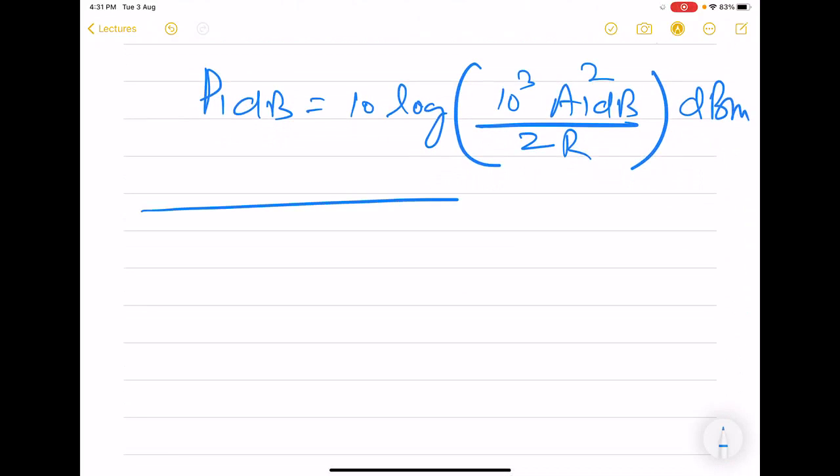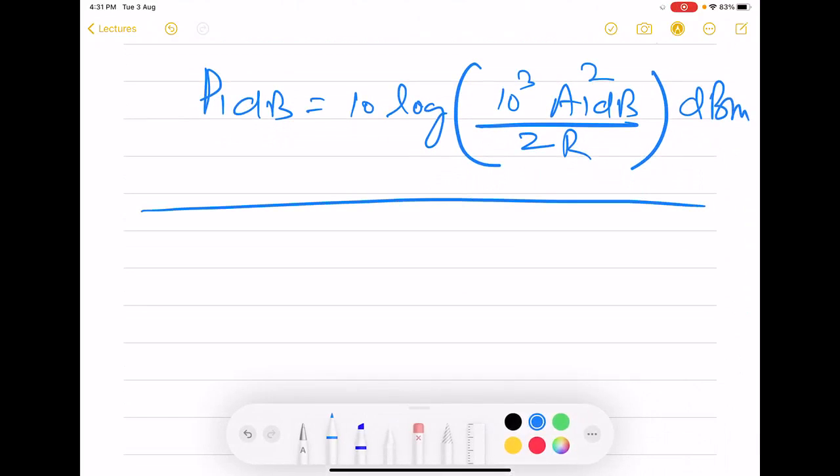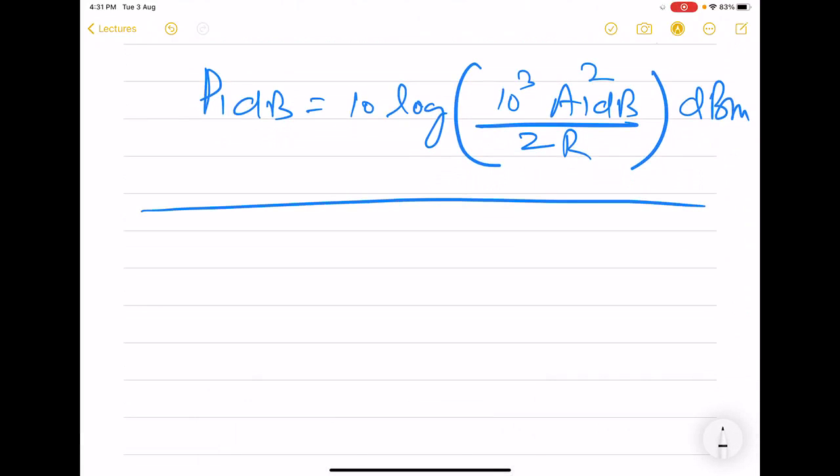So this was one way of finding the 1 dB gain compression point. There is another way in which the gain compression point can be found. The defining equation for the 1 dB gain compression point was: ideal case minus non-ideal case is equal to 1 dB.